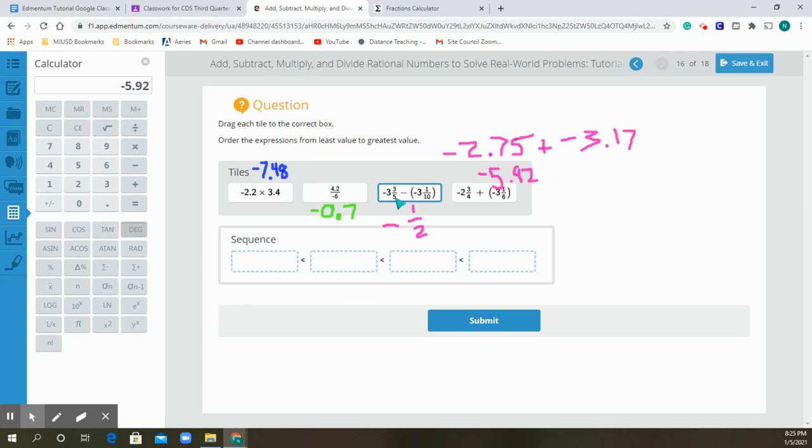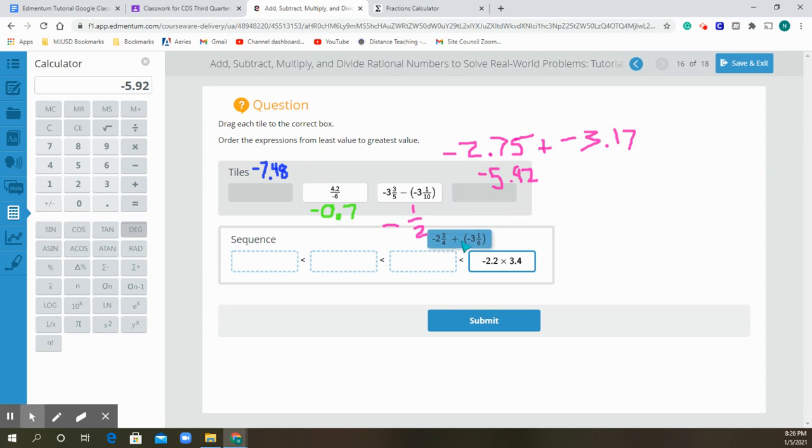Okay, so now we have to put those in order of the least to greatest value. So is that going to mean most positive? If that is the case, what is closest to positive? But negative has a value too. So I'm going to say this one goes over here with the negative 7.48.